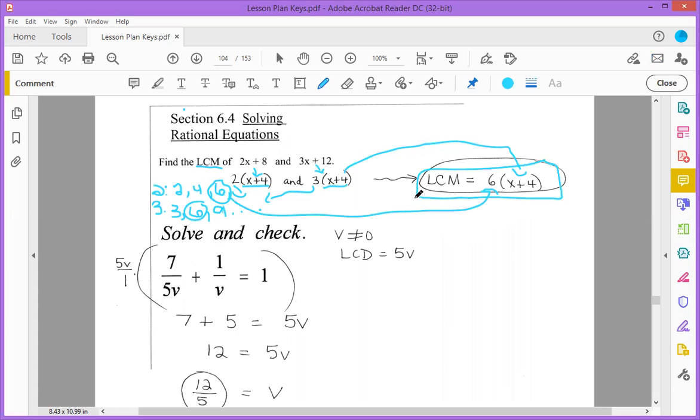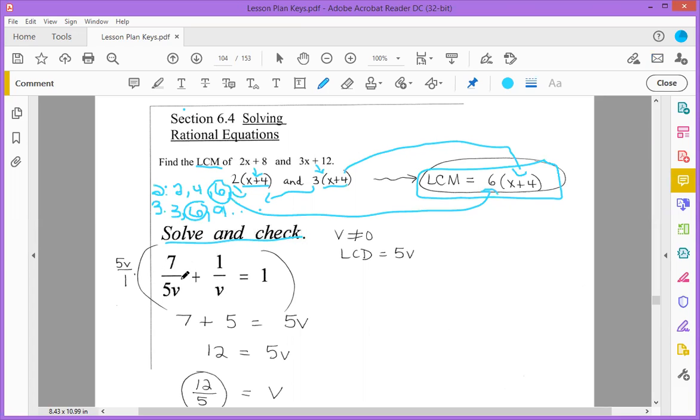Now we're going to use the LCM in this next example to solve the equation. When we look at our two fractions, we have 7 over 5v plus 1 over v. Our denominators need to be the same in order for us to combine these two fractions together.